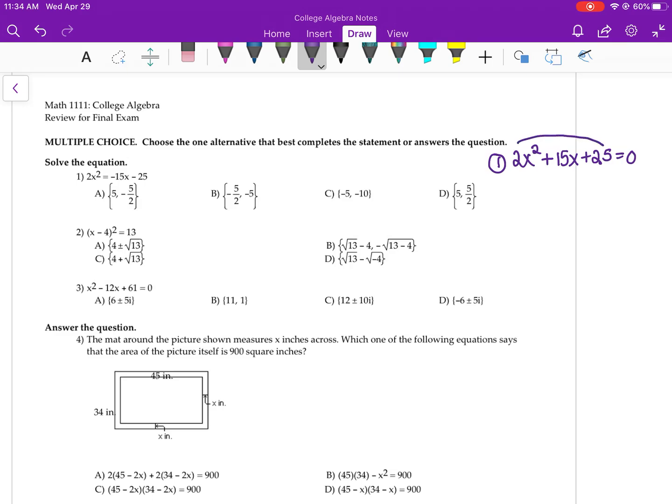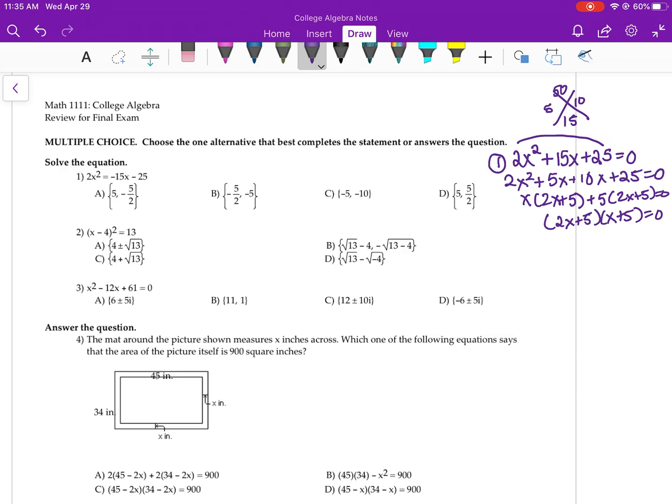So factors of 50 that add to 15. I think 5 and 10 will work really well. So my two factors are 2x plus 5 and x plus 5.